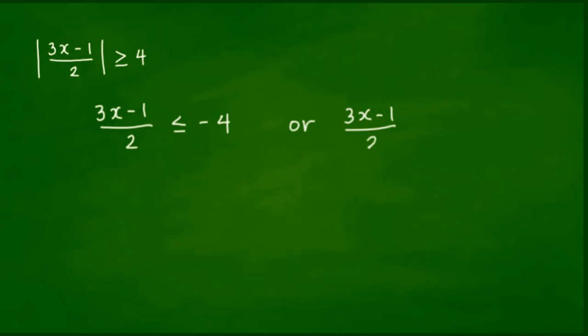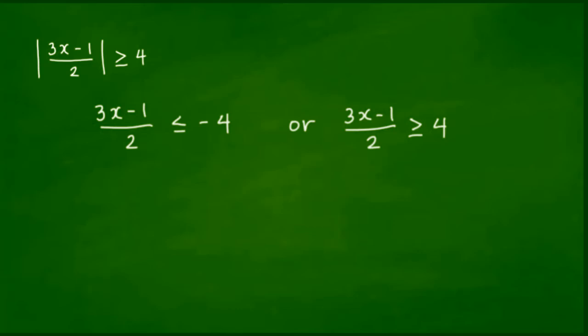Since its absolute value is greater than or equal to 4, that means this number (3x minus 1) over 2 could be less than or equal to negative 4, because if you have a number that is less than or equal to negative 4, its absolute value will be greater than or equal to 4. Or if it is a positive number, then we are sure that (3x minus 1) all over 2 must be greater than or equal to 4.